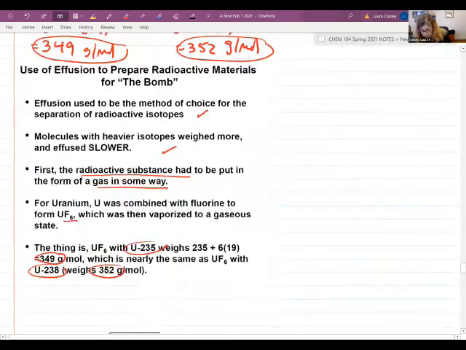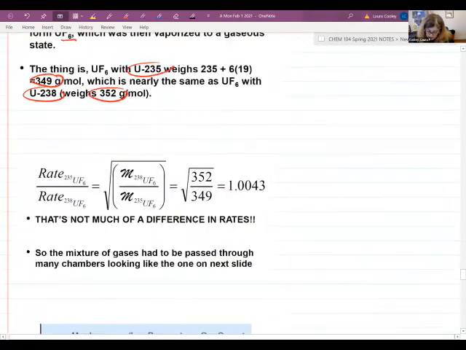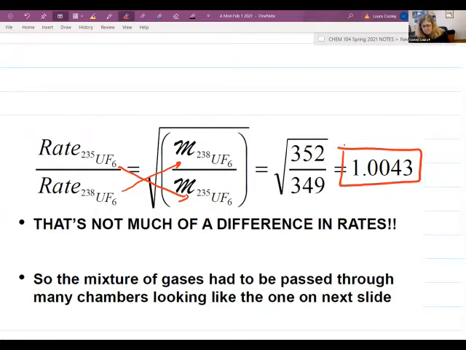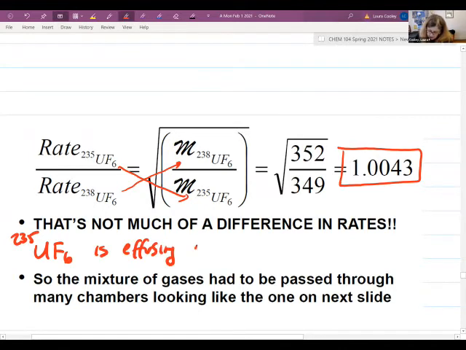If you go through that once, the ratio of the rates is the inverse of the ratio of the molar masses, and it comes out to 1.0043. What that means is that the rates are almost the same, and the UF6 with 235 is effusing basically 0.43% faster.